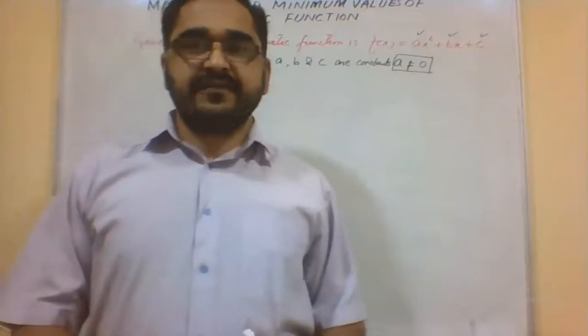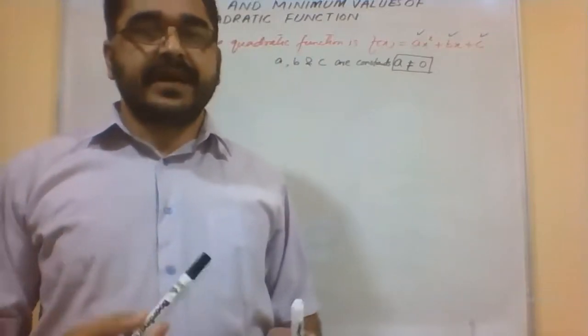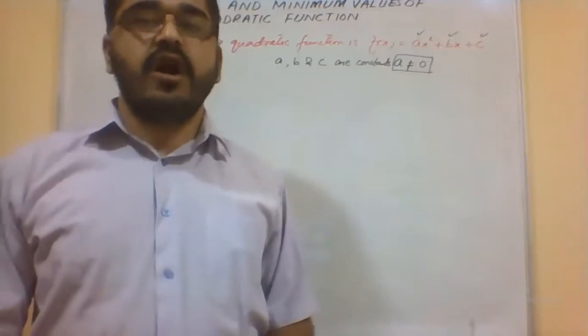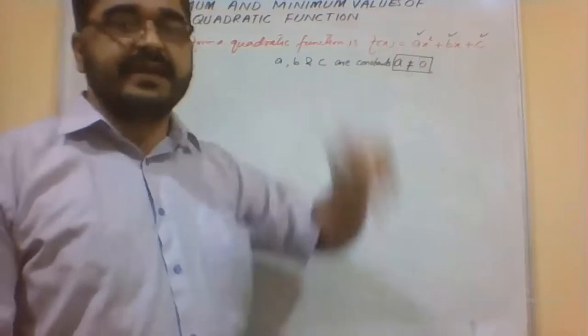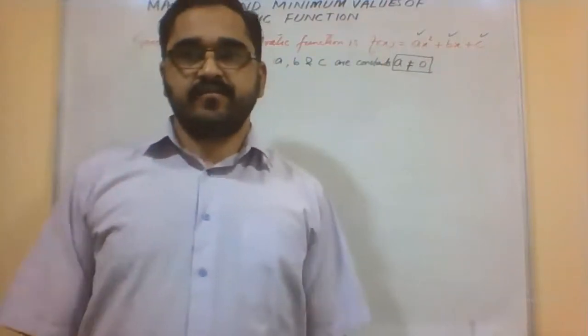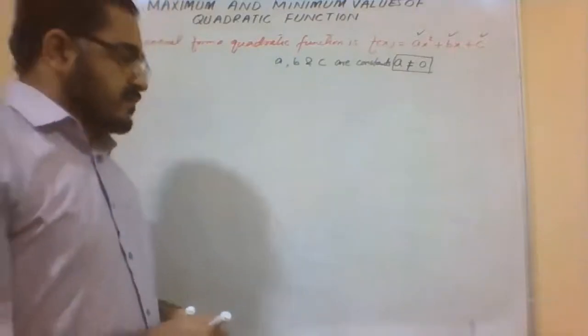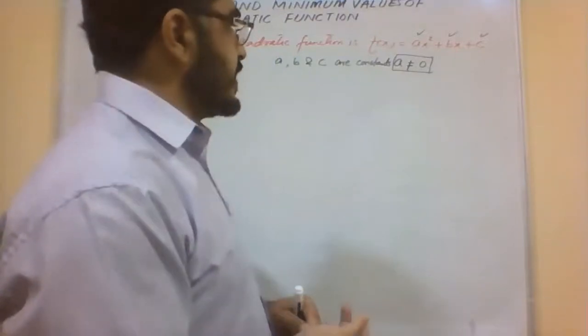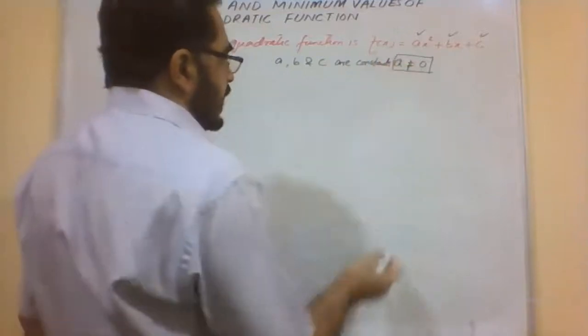The graph of the quadratic function is called a parabola, and its shape depends upon the value of a, that is the coefficient of x square. How can we draw the graph of this quadratic function? That depends on the value of a.